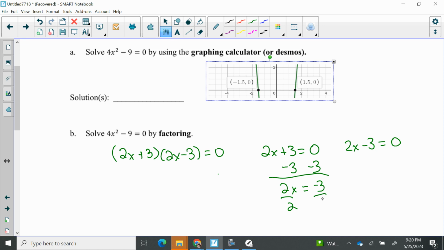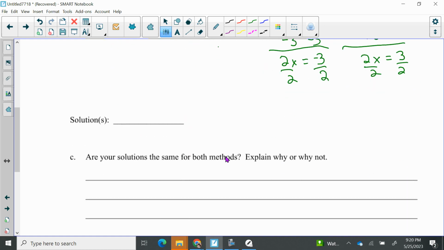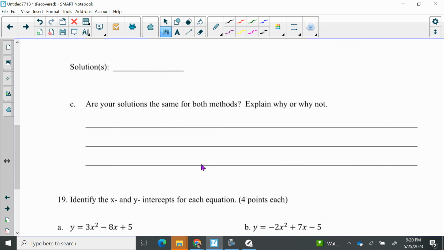So I get x equals negative 3 halves, right? And this is positive 3 halves, which is 1.5. So x equals 3 halves. They are the same because it's the same equation. The same equation always has the same solutions.